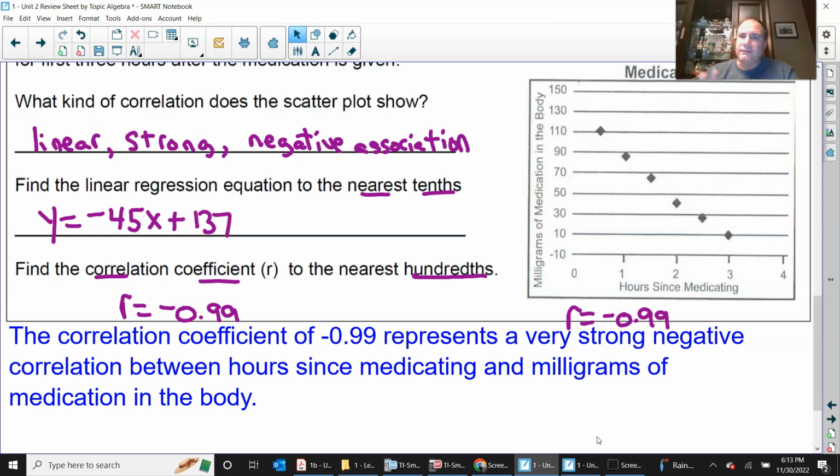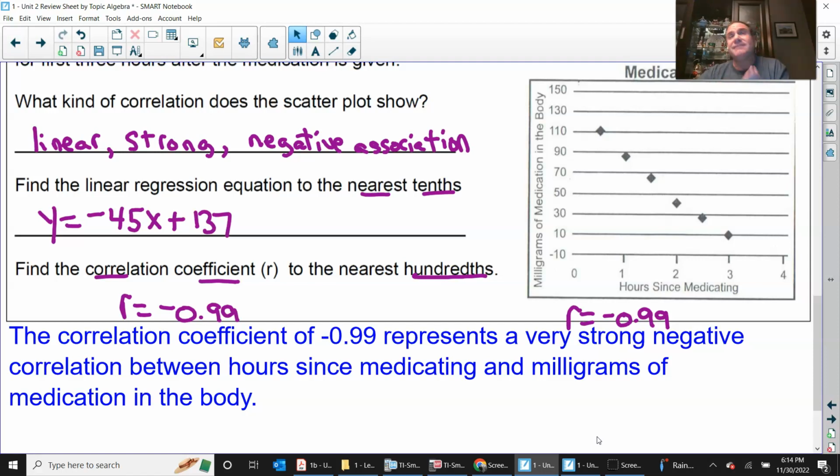Very strong negative is exactly what I have right there for the correlation coefficient of -0.99. Very strong negative correlation between hours since medicating and milligrams of medication in the body. All right, sorry for that error. Very strong negative is closer to -1.